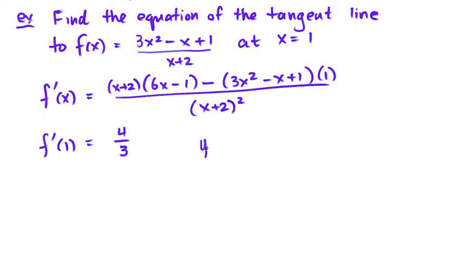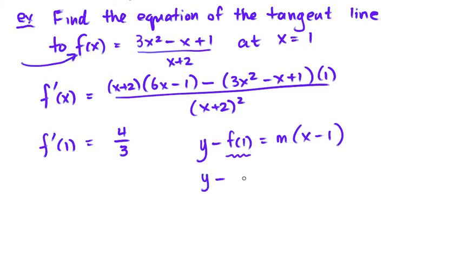Then I know at least my function needs to look like this. My f of 1 value I can calculate using my original equation. I calculate that to actually just be 1, and my slope is 4/3.